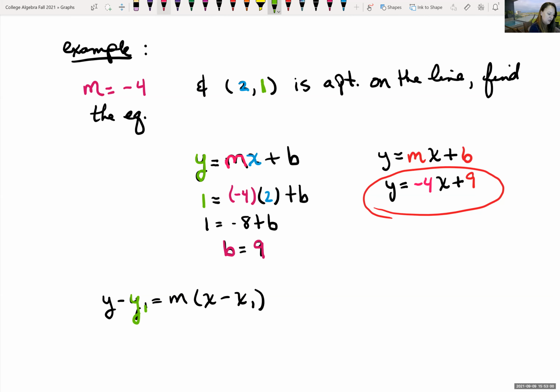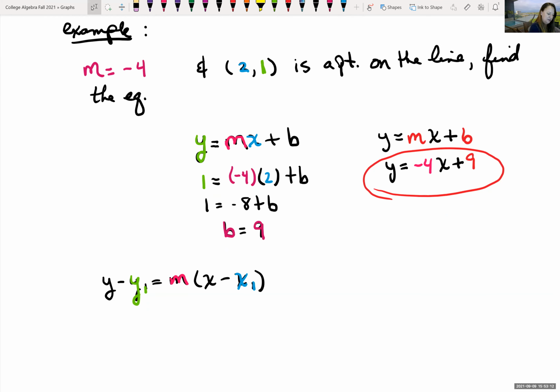We have our slope. And we're given the x value of our point, or x₁ value. So if we plug in those values into this equation, we have y minus my y value 1 equals our slope, which is -4, all times x minus 2.